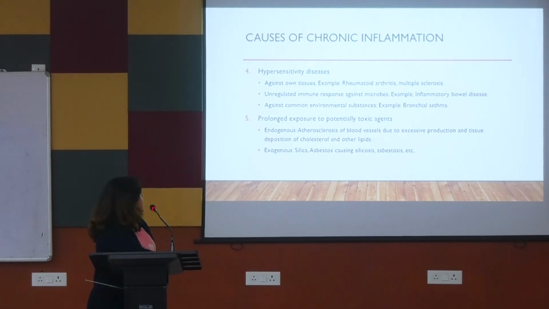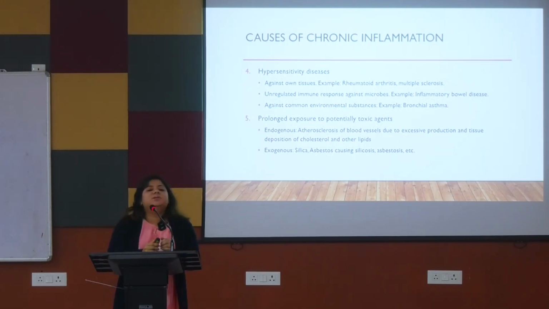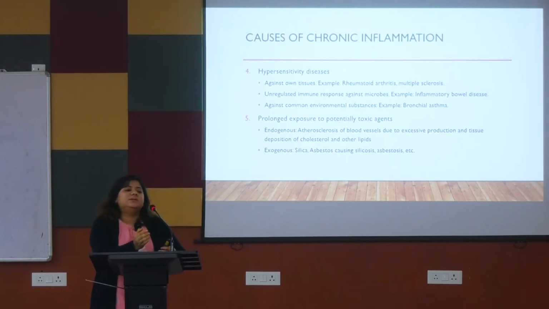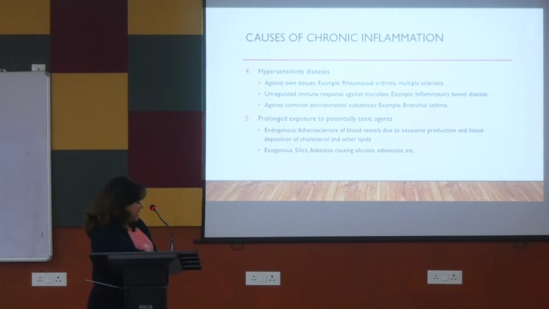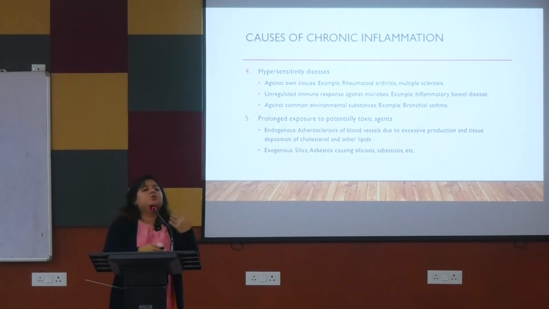The other examples now, hypersensitivity diseases. Now, this is a kind of type 4 hypersensitivity reaction. You've not had class on hypersensitivity reaction. There are 4 types. So, this is an example. Chronic inflammation is usually an example of type 4 hypersensitivity reaction. Now, in this also there are 3 types. It can be against own tissue. This is what you were talking about.